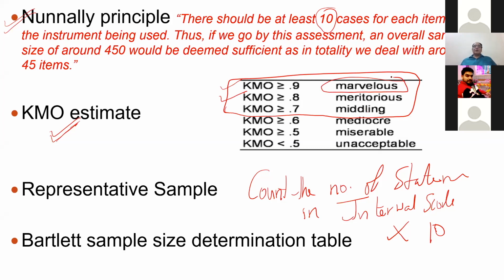I suggest to anybody who is writing a paper or doing research, kindly estimate your KMO so that you can say there is enough variation in my data, which is sufficient for the study. So this is called KMO estimate.